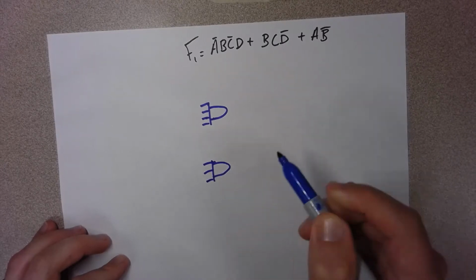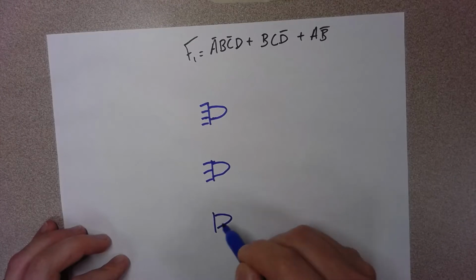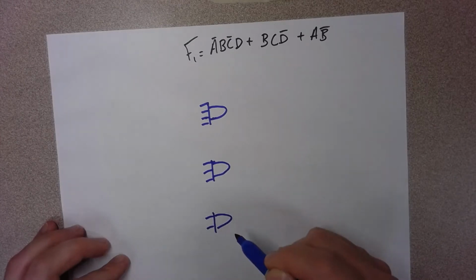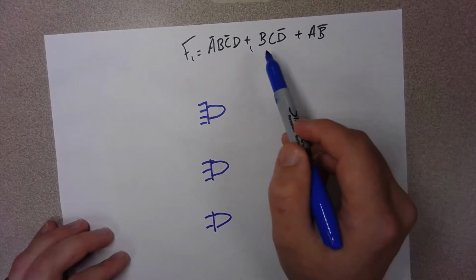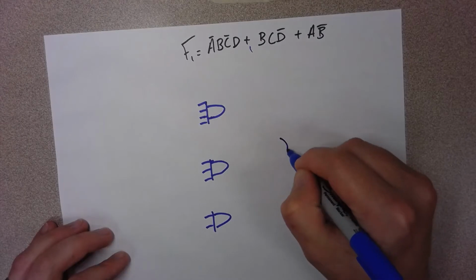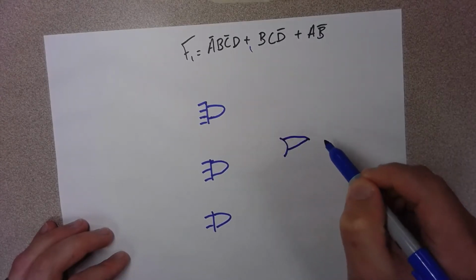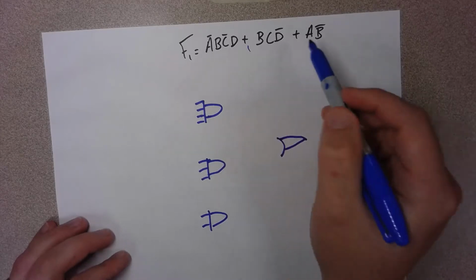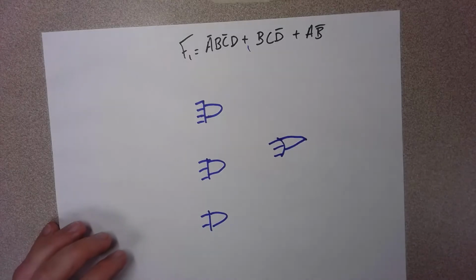Then we've got one more, down here, with just 2 inputs. These 3 ANDs are all ORed together, so we draw one OR gate with 3 inputs. I'm kind of bad at drawing them.